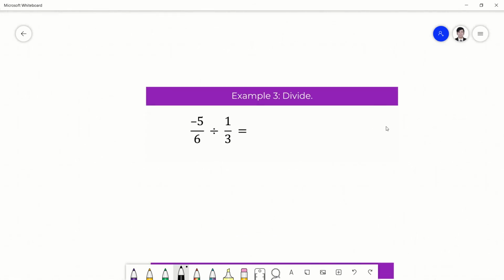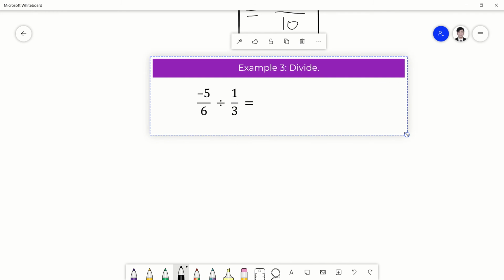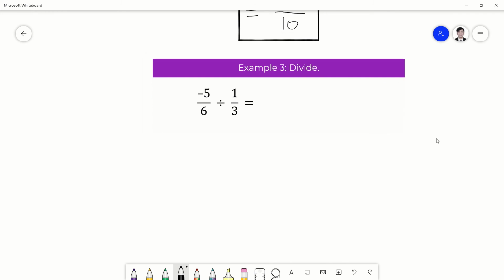Okay, let's have another example. This time, we are asked to divide negative 5/6 divided by 1/3. If the operation is division, always remember that it is just the same as multiplying by the reciprocal of our second number.